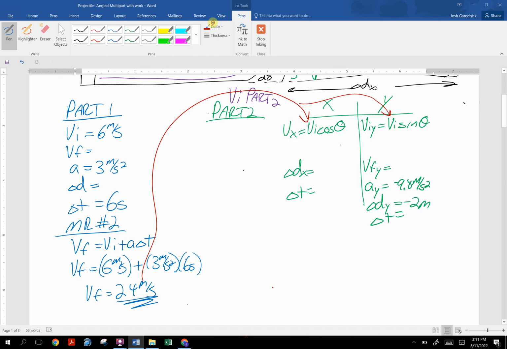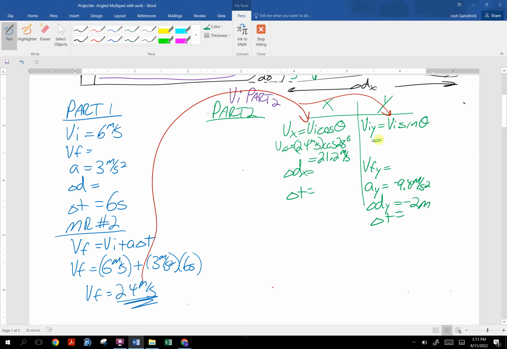All right, but that helps us because now we can do that the velocity in the x is 24 meters per second cosine of 28 degrees, and we get 21.2 meters per second.